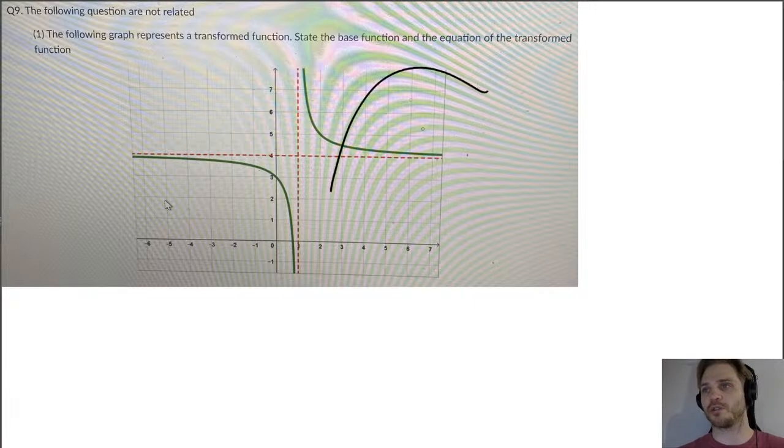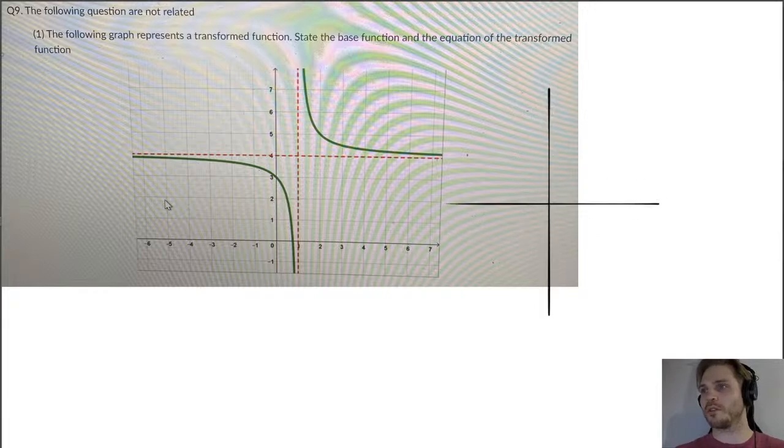This looks super cool, this like pattern here from your cell phone picture. But this is recognizable. This is a transformation of 1 over x, which I'm going to draw really poorly.